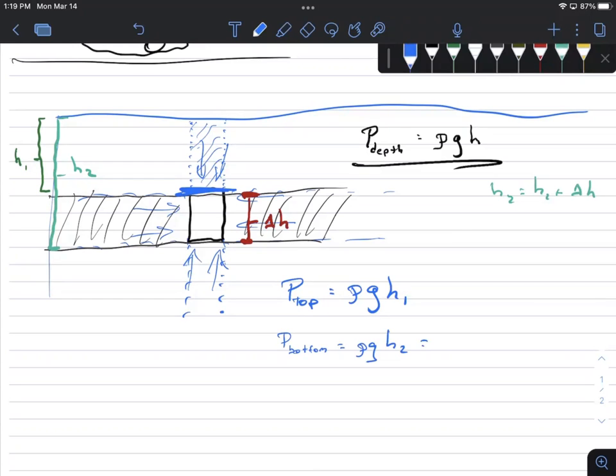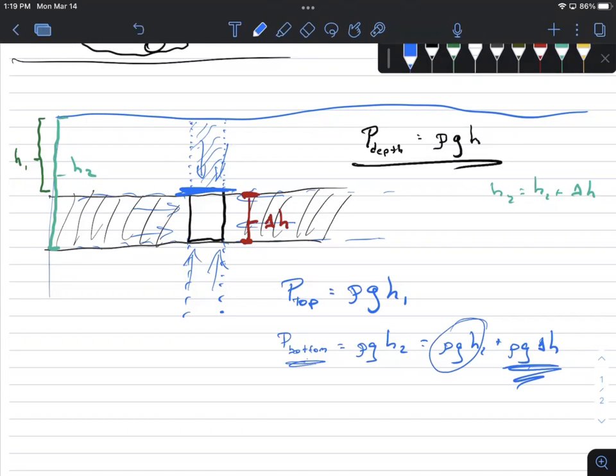So rho g h2 is rho times g times h1 plus rho times g times delta h. And so you see the pressure at the bottom is the same as the pressure at the top, plus some extra bit.